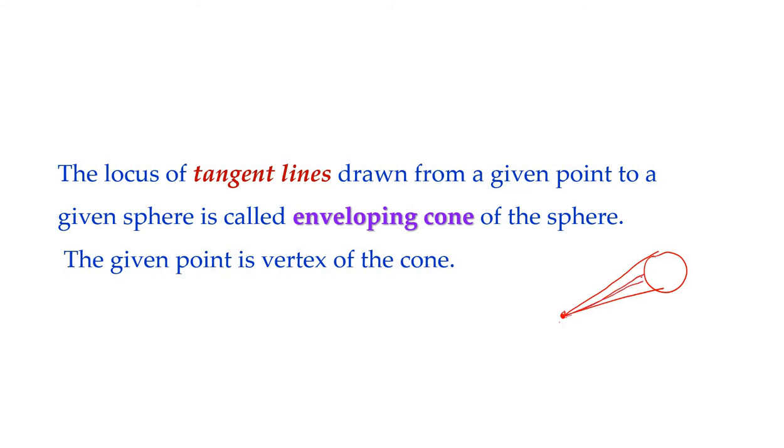When you consider this cone, the cone developed by this is called the enveloping cone. The locus of tangent lines from a given point to the sphere is called the enveloping cone of the sphere.